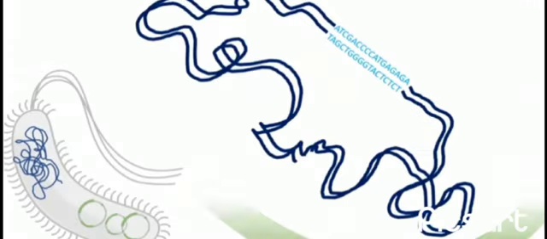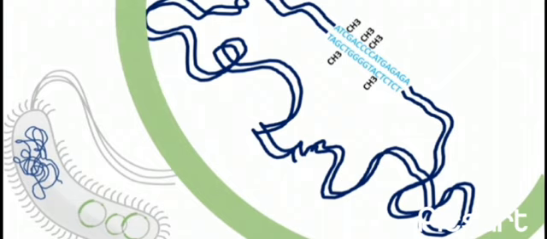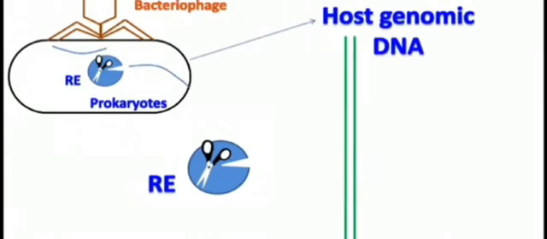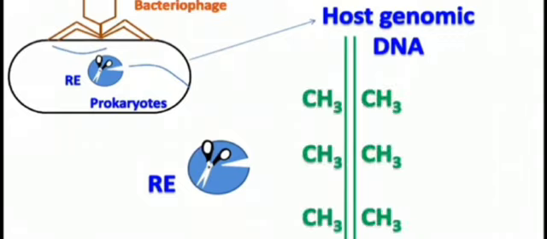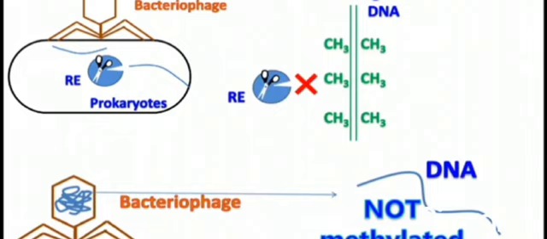Now the host DNA is methylated at specific sites, at specific bases. And now we can see that if the methylation is present in the host genomic DNA, at specific sites, the restriction enzyme cannot cleave that site.